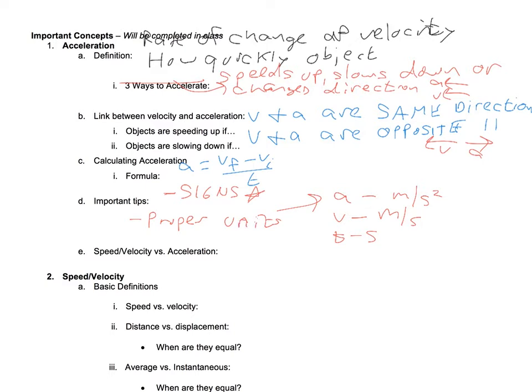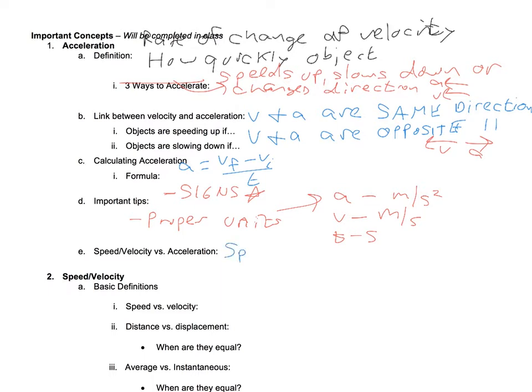One last thing to keep in mind, and this was a distinction we talked about a lot, and this is something that I know is tricky, especially when we get into those speeding up with a decrease in acceleration type problems, but this difference between speed and velocity versus acceleration.